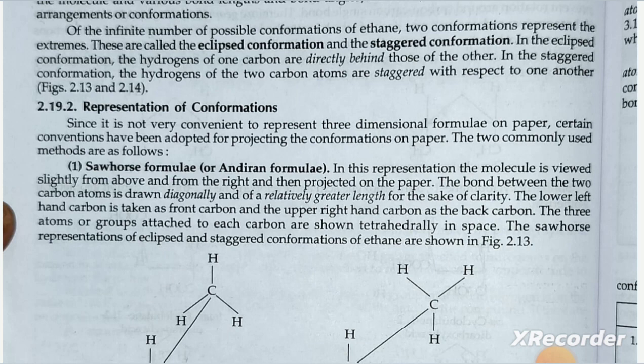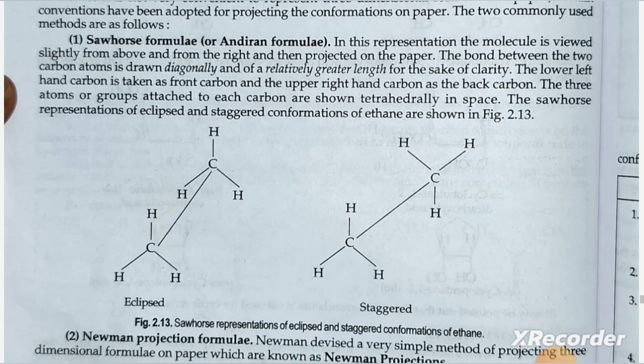The three atoms or groups attached to each carbon are shown tetrahedrally in space. The Sawhorse representations of eclipsed and staggered conformations of ethane are shown in figure 2.13.